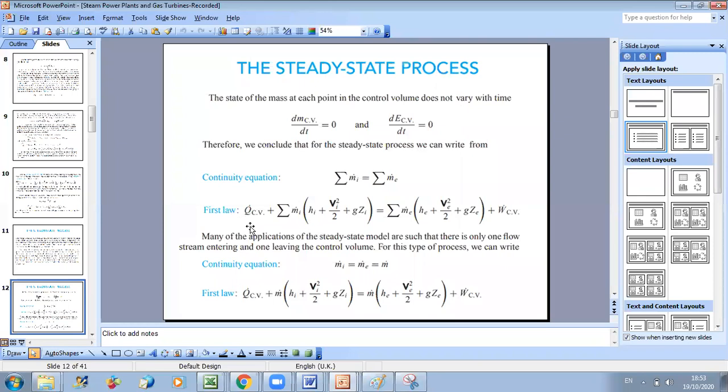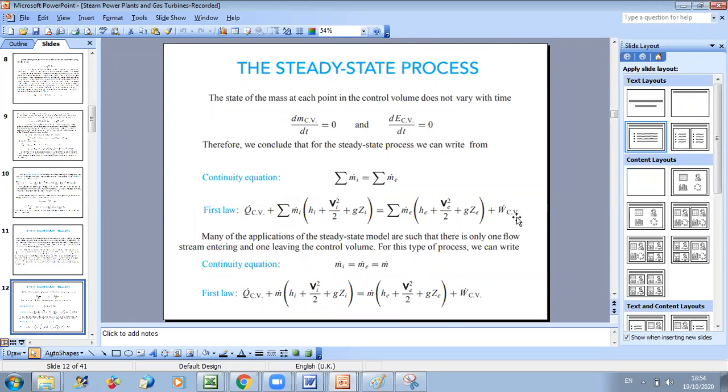So I can say that the heat provided to the control volume plus the summation of inlet fluxes is equal to the summation of the outlet fluxes plus the work done by the system. Here I repeat that the convention we will use for the work is positive when done by the system and negative when done on the system.